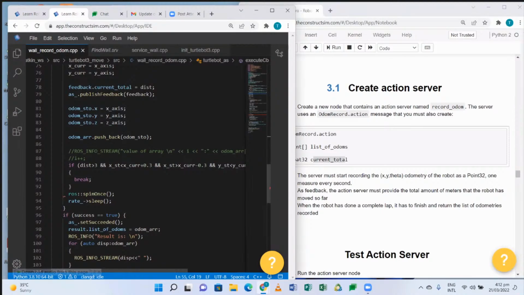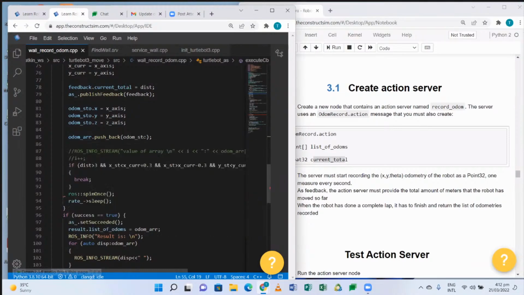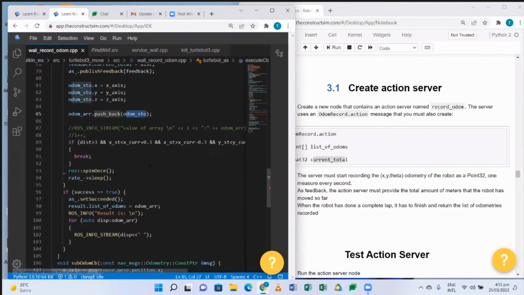And then odom_array is an array in which the stored values of odom_sto would be placed, and it would keep pushing these values back, storing new values of odom_sto.